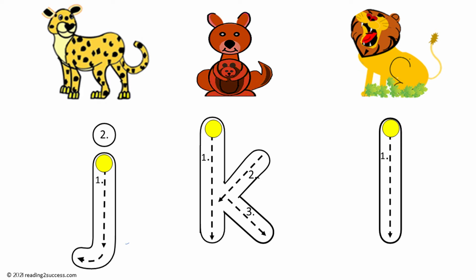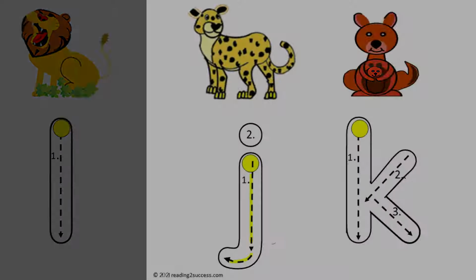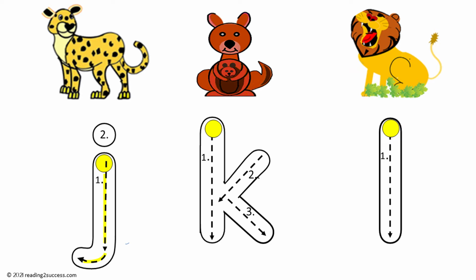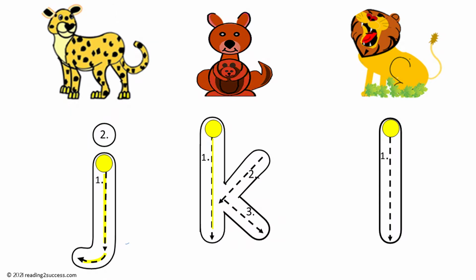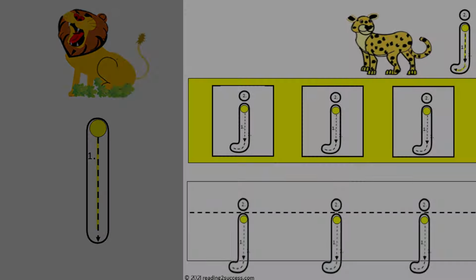And L makes the L sound heard in the beginning of lion. Forming the J takes two parts, part 1 and part 2. Forming the letter K takes three parts, part 1, part 2, and part 3. And L takes one part.